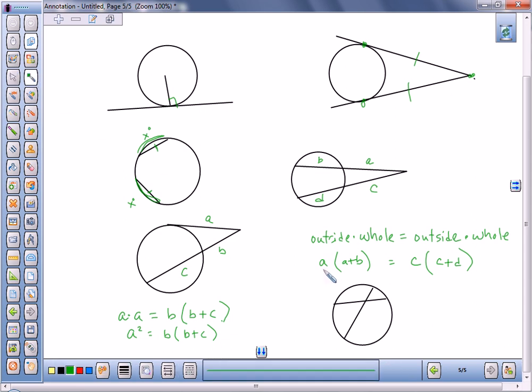So if this is A, and this is B, and this is C, and this is D, A times B equals C times D, the product of the parts. Okay, any questions about the lengths?